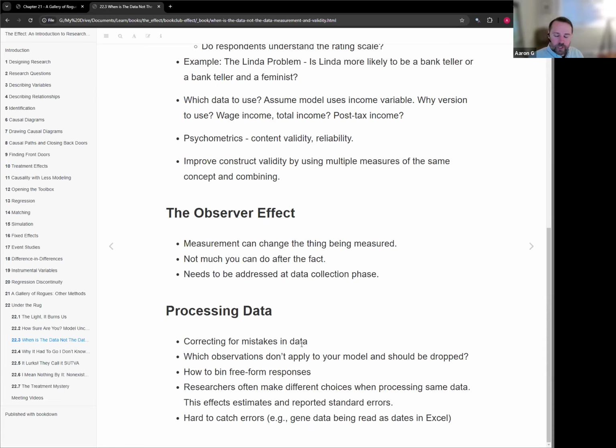Maybe they want to impress the researcher. Maybe they don't like the researcher and they're trying to spoil what the researcher is trying to do. But nevertheless, just the fact that people know they're being observed, their behavior may not occur in a natural way. And that's something you want to think about as you're designing your research.